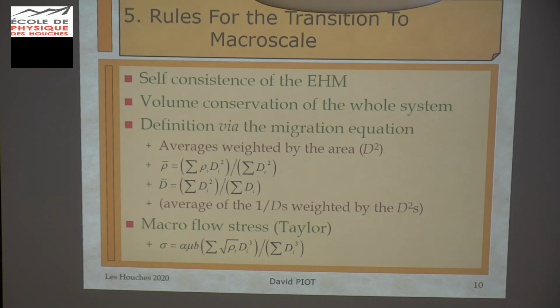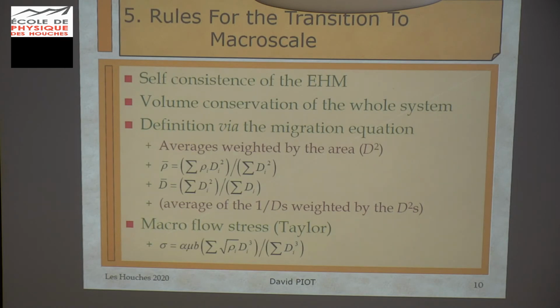And the last point, to come back to the macroscale, is the transition rule to the macroscale. It's necessary to have a kind of self-consistency in the definition of the equivalent homogeneous matrix in order to guarantee the volume conservation of the whole system.